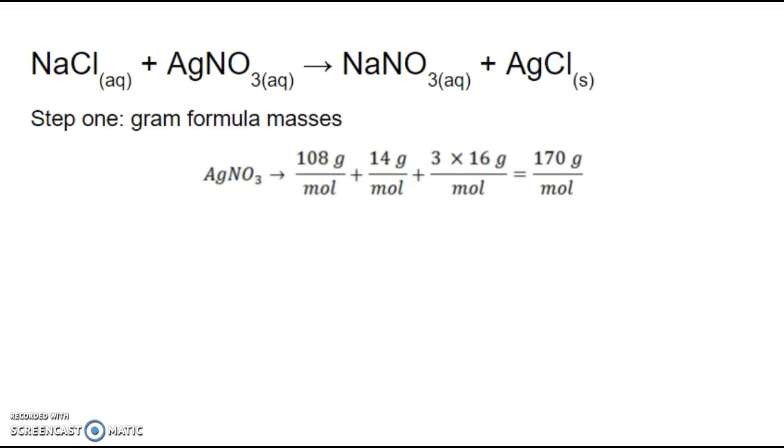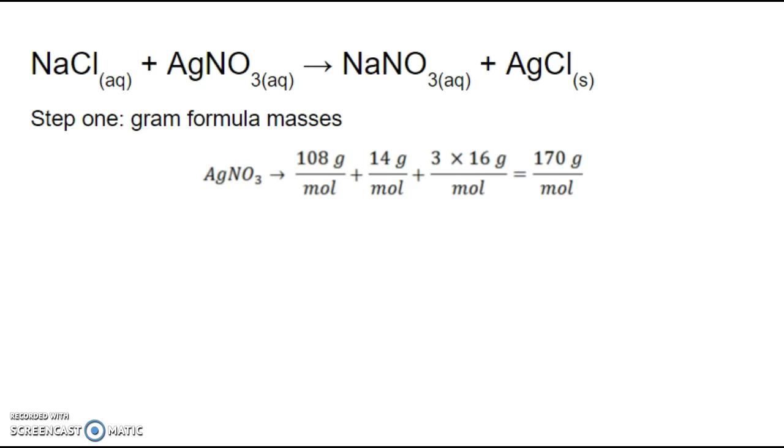Now let's follow the same process to calculate the gram formula mass of silver chloride. I'll give you a moment to write down the equation. In the silver chloride, we only have to take into account the gram formula mass for two elements, the silver and the chlorine.